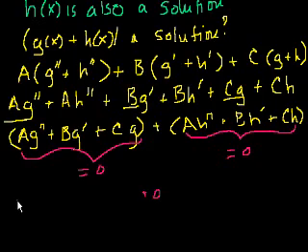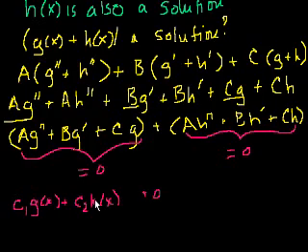So you could also say that some constant times g of x plus some constant times h of x is also a solution. And maybe the constant in one of the cases is 0 or something. But anyway, these are useful properties to internalize for second order homogeneous linear differential equations.